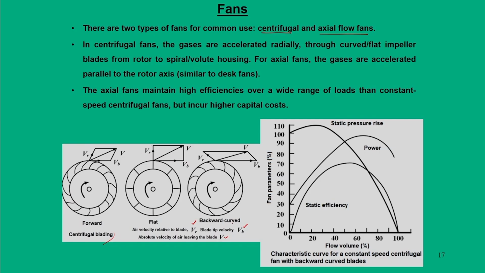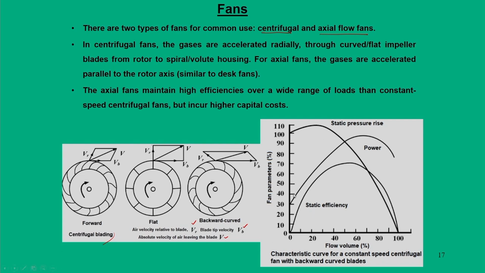Then when you have a backward curved blade, we can see this orientation of Vb, Vr and V. So, when we push the air, we normally require forward blading, and when we pull the gas out, we normally require backward curved blades. That way, blade design through centrifugal blading will help us in deciding whether to use forced or induced draft fans.